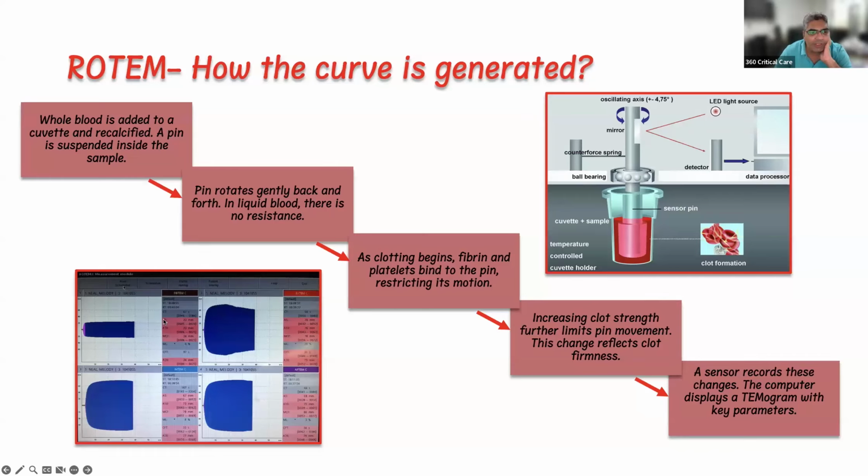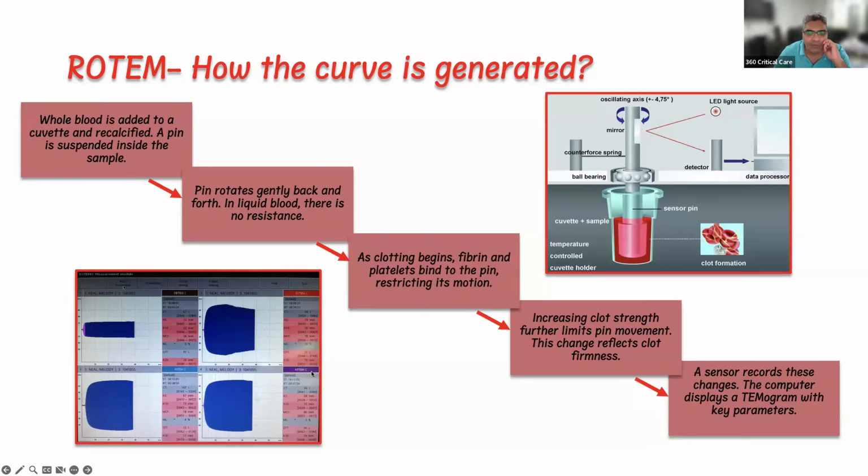In FIBTEM, you get more idea about fibrinogen as the factor of coagulation. The second is called the EXTEM. It represents the extrinsic pathway of coagulation. The third one is INTEM, which represents the intrinsic pathway of coagulation.